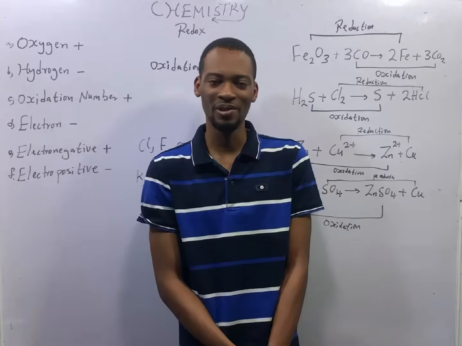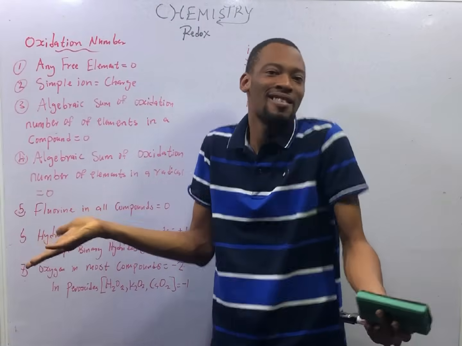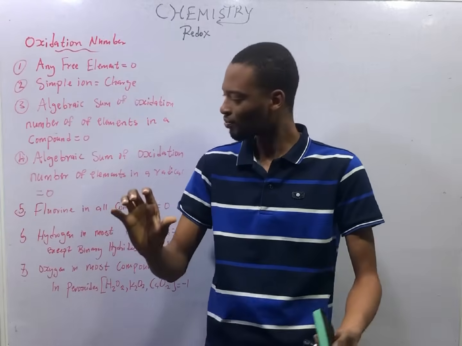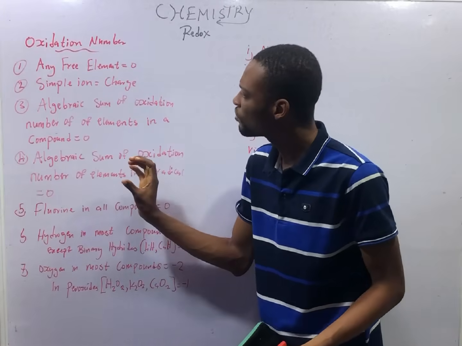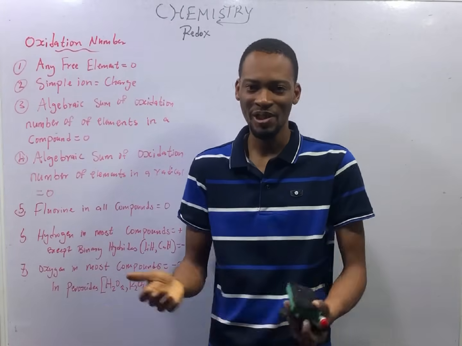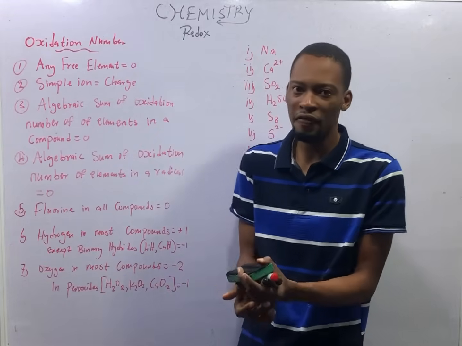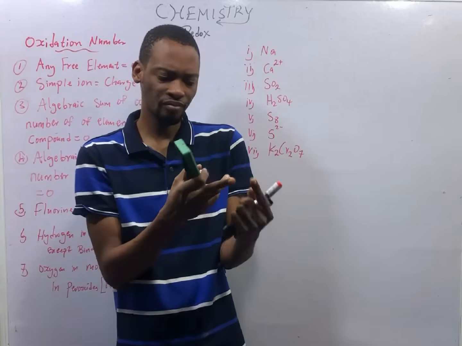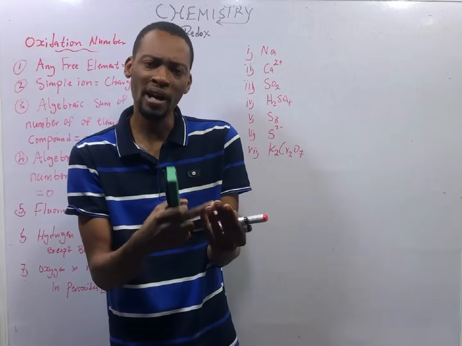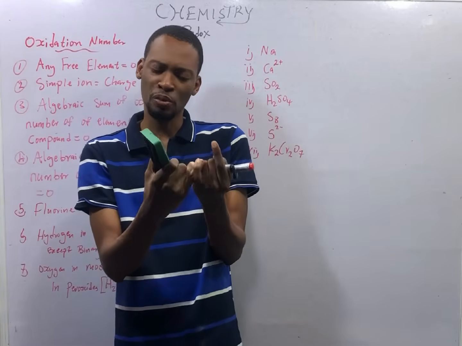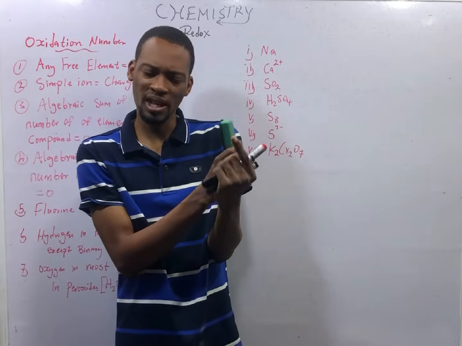Let's look at oxidation numbers. Oxidation number is simply the charge a chemical species possesses. And when it comes to oxidation number, there are 7 laws of oxidation number. Now, we know that oxidation and reduction are defined in terms of hydrogen, oxygen, electron loss or gain, oxidation number, electronegativity, and electropositivity. Therefore, we need to know the charge that oxygen possesses in most compounds.